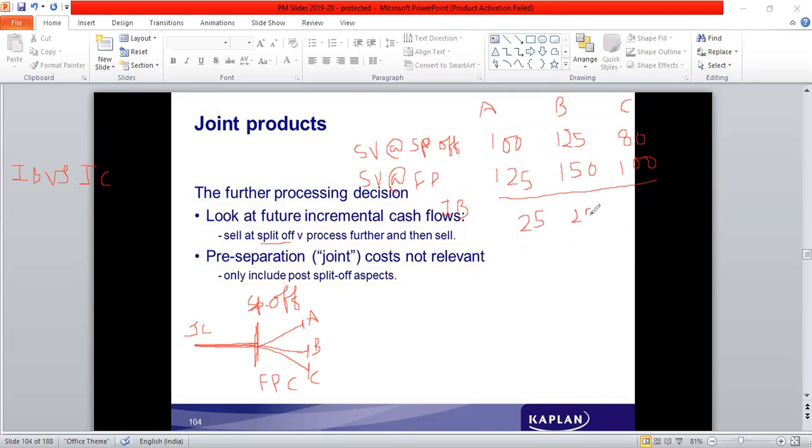Here it is 20. Now incremental benefit has to be compared with further processing cost. Further processing cost is the incremental cost. This benefit can be earned only when further processing costs are incurred. Here it is 30. Here it is 20.